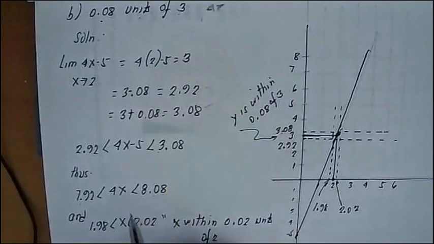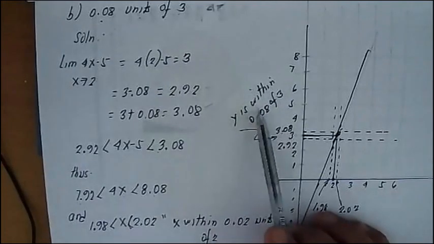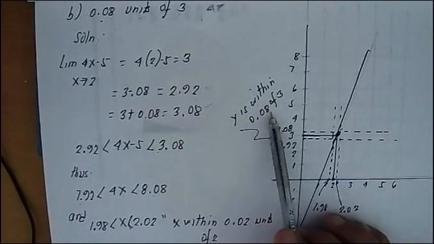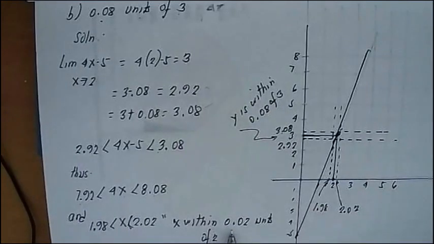Therefore, if you're going to solve for x, 7.92 divided by 4 is 1.98, and 8.08 divided by 4 is 2.02. So therefore, if y is within 0.08 units of 3, our x is within 0.02 units of 2.